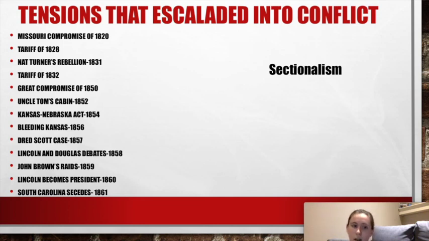I do want you guys to know that while we have these events that lead to this escalation, the underlying cause of the Civil War is going to be sectionalism. The fact that you have two different regions within the United States, primarily because of the market revolution, that have developed into two different economies.